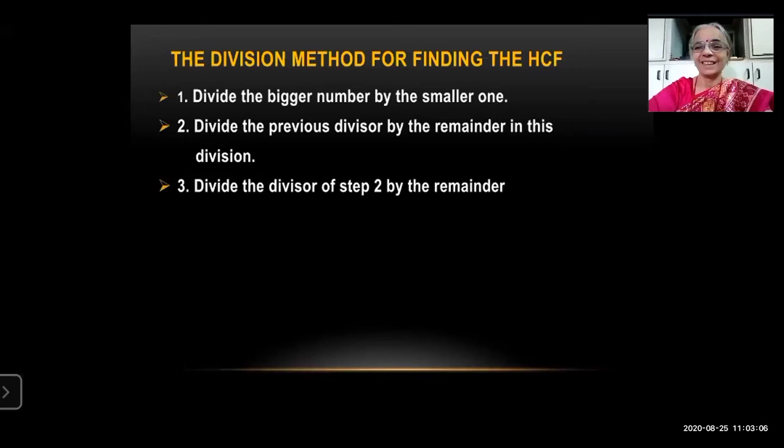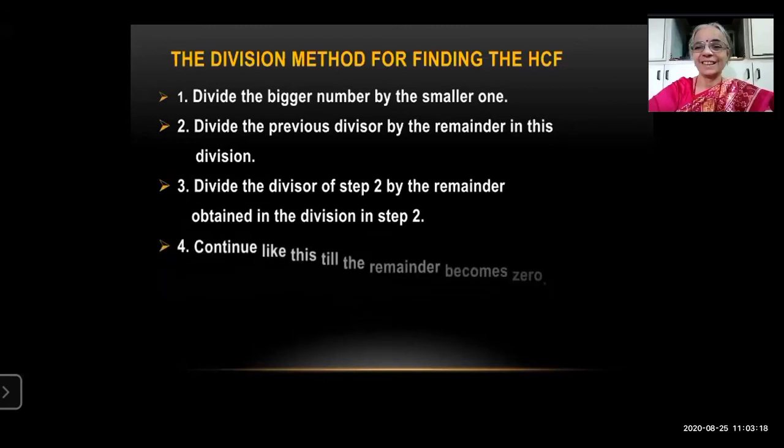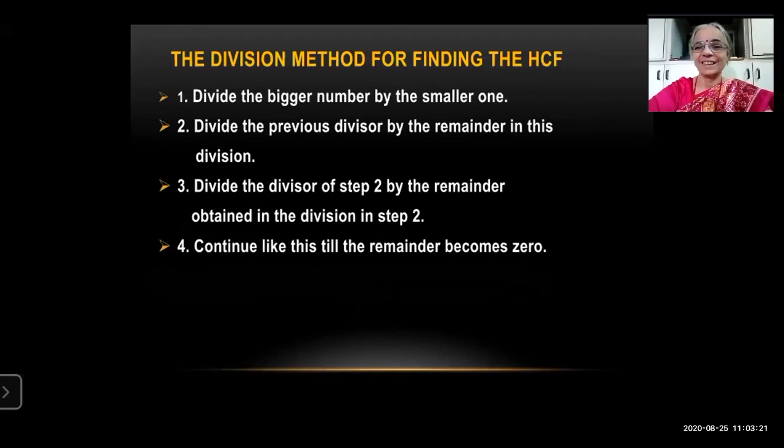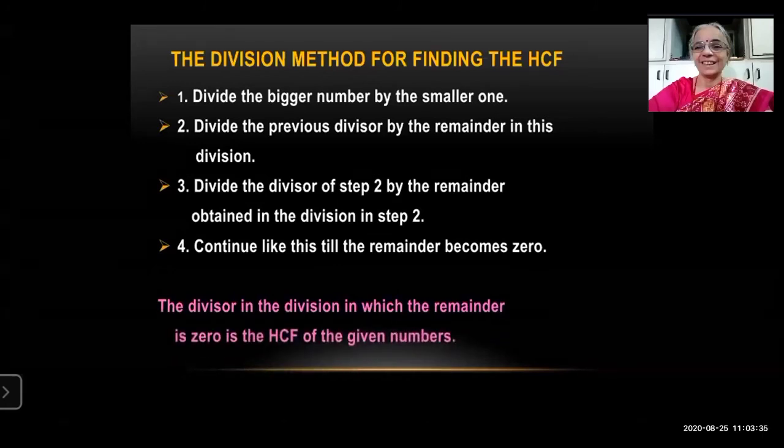And we need to keep on dividing this way till we get remainder 0. And when we get the remainder 0, the divisor in the division in which the remainder is 0 is the HCF of the given numbers.